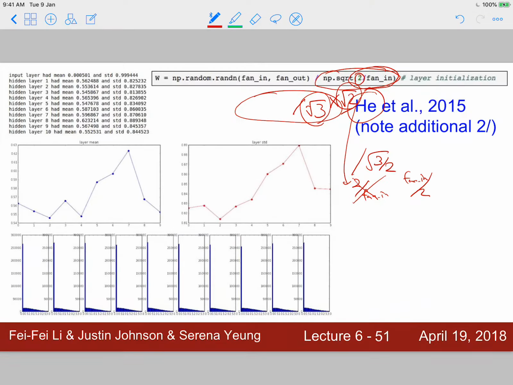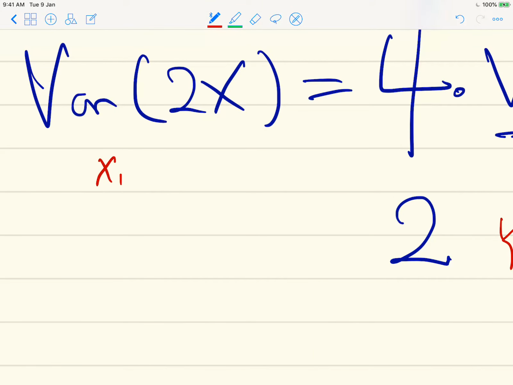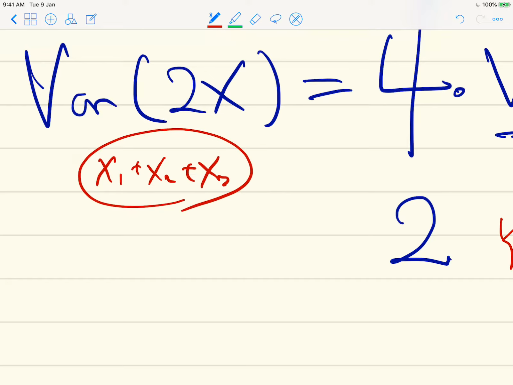So in that case, x1, x2, and x3 will have the variance of 3 times the sum of the variance of each of these variables, right?